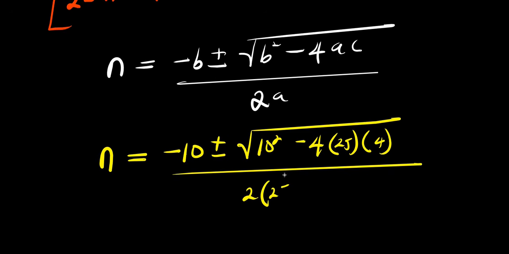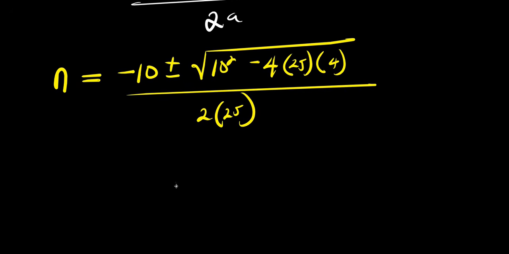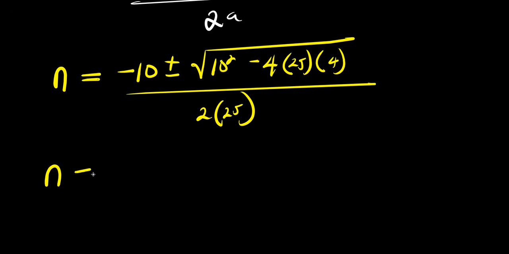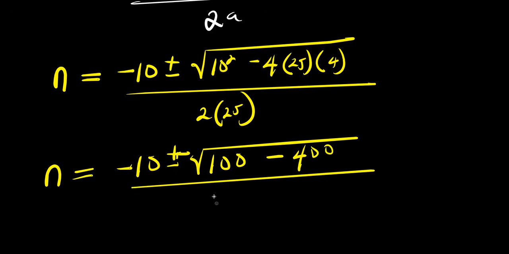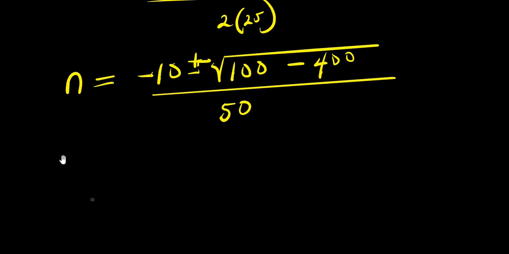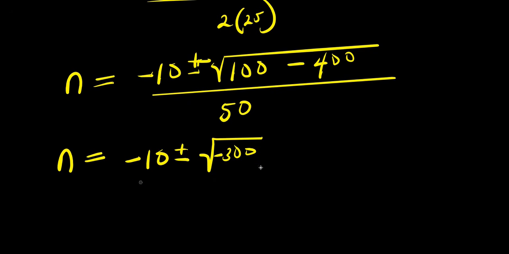So from here, you have n equals -10 plus or minus square root of this is 100 minus 4 times 25 times 4, that is 400, divided by 50. So from here, we have n equals -10 plus or minus square root of -300 divided by 50.